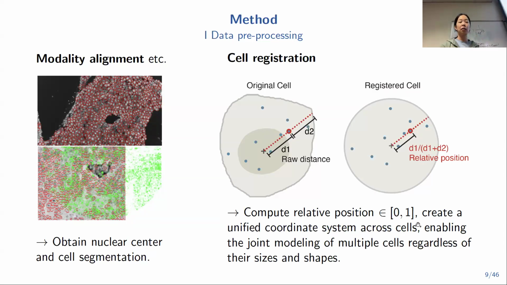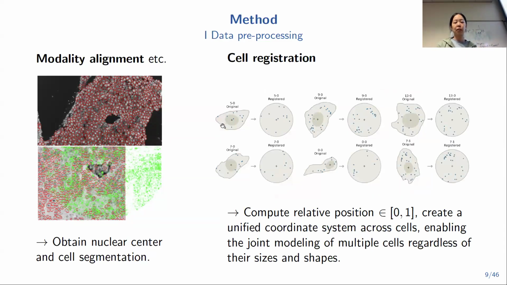In this way, we register all the cells into a unit disk, where the center is 0 and the radius equals 1. So this is how we can register all the cells into one template so that we can work on multiple cells in the same coordinate space.